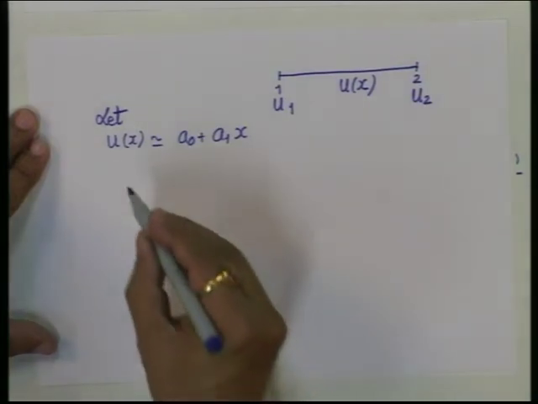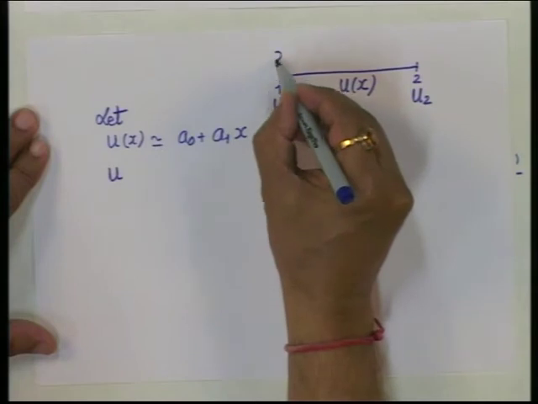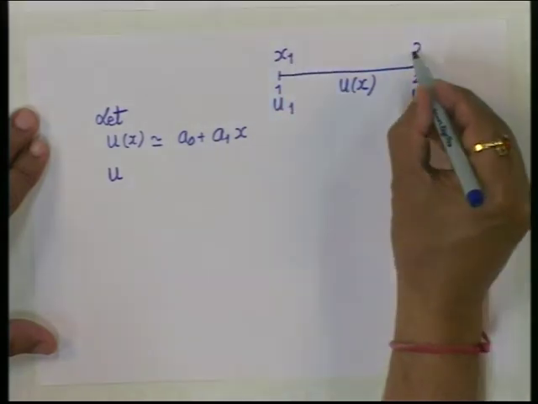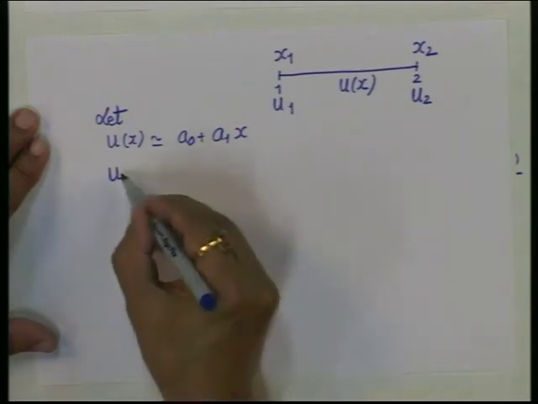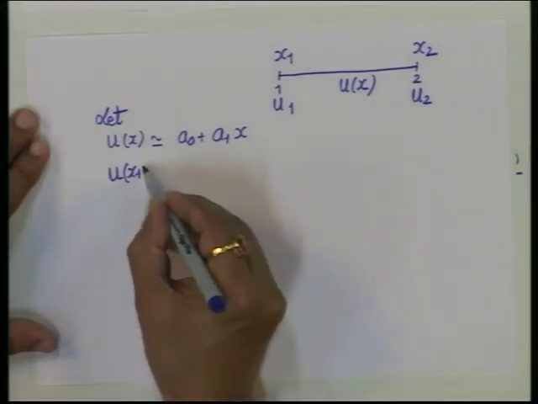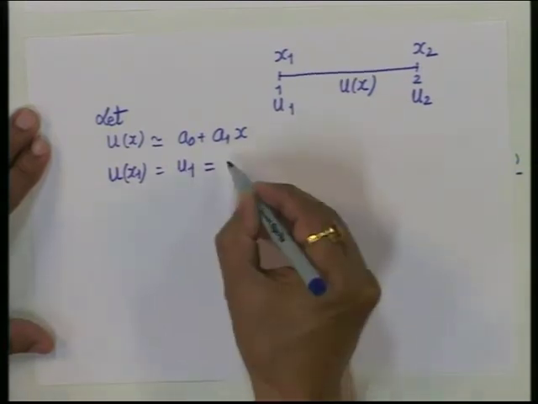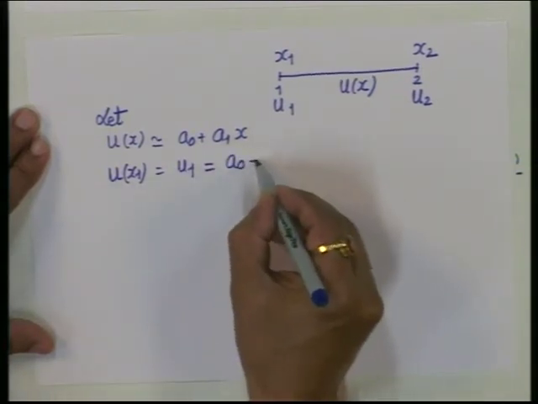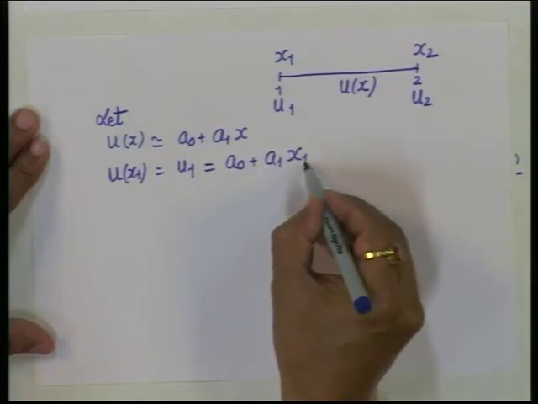But then I also have that, if this coordinate is x1 and this is x2, the coordinates of the nodal points, u at x1 is u1, and therefore u1 is equal to a0 plus a1 x1.